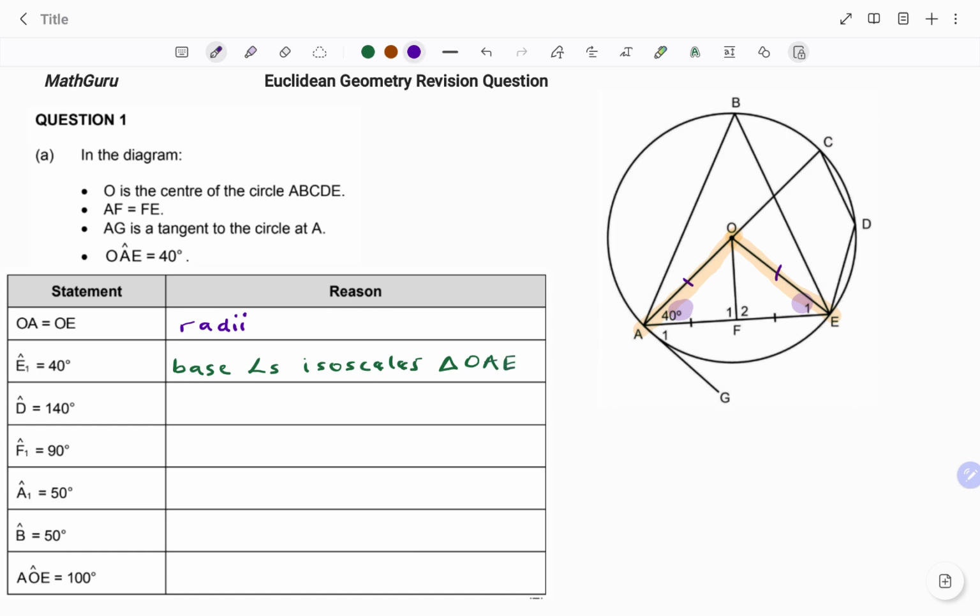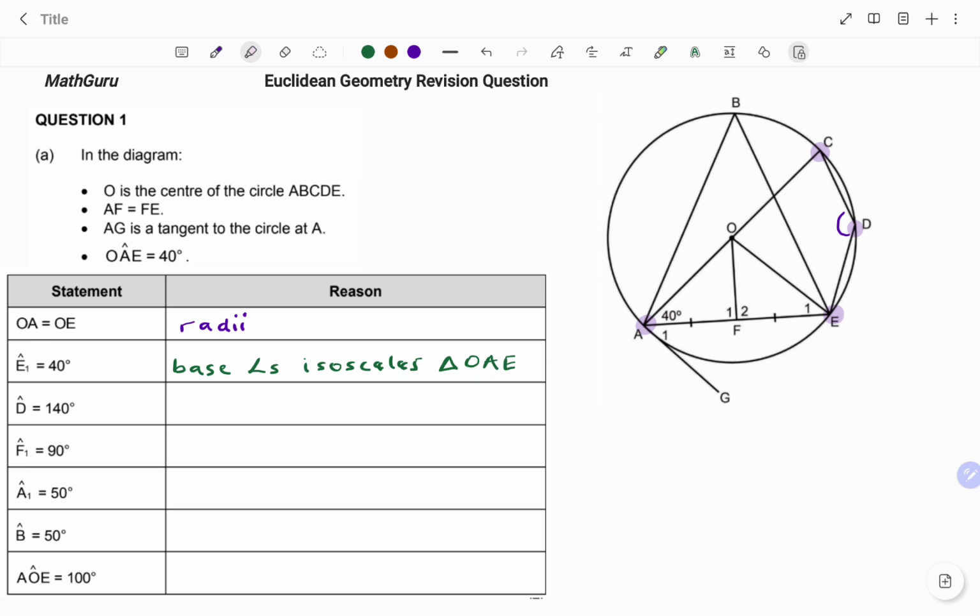The next statement says the angle D is equal to 140 degrees. I'm going to make it clean. And then we have the angle at D. Note that if you look at the diagram given, we have the points C, D, E, and A touching the circumference of the circle.